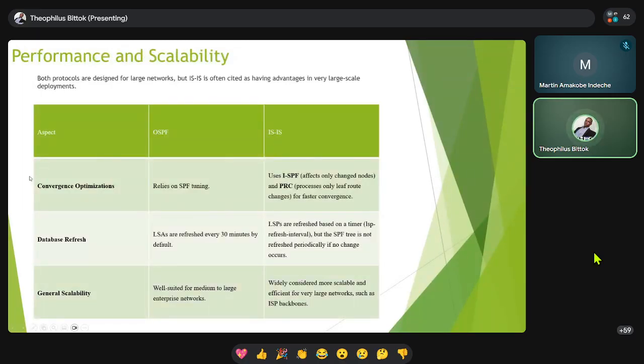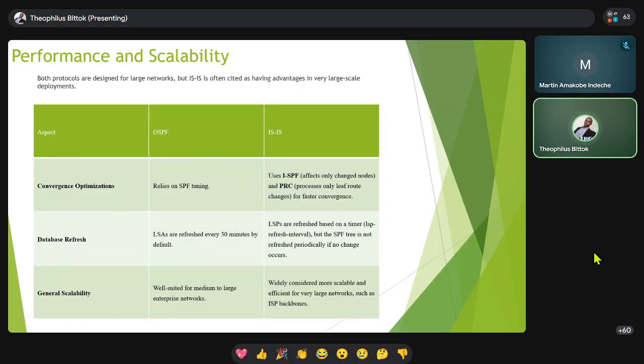So on convergence, this one relies on SPF, shortest path first tuning, and then the other one is iSPF tuning. What happens is, let's say a link has gone down, then the LSPs are going to be sent, but for OSPF, it's going to do a calculation of all the routes.